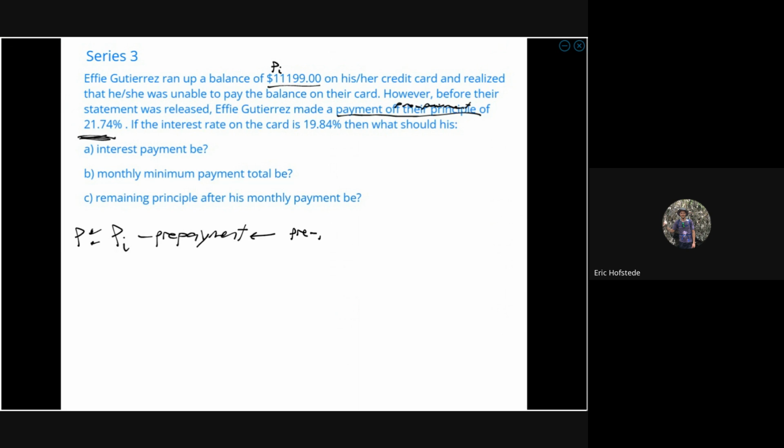My prepayment is a percentage of my balance owing. So my prepayment is going to be equal to my principal initial times that prepayment amount. All right, 0.2174 in this case. That is the percent prepaid.